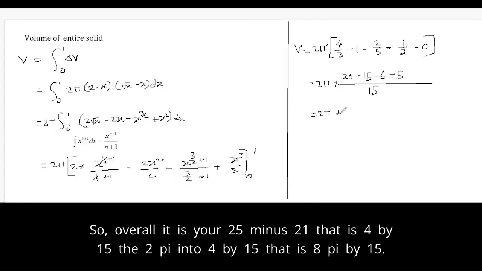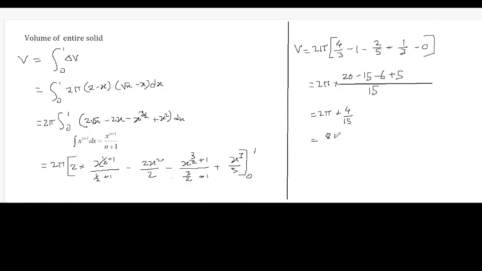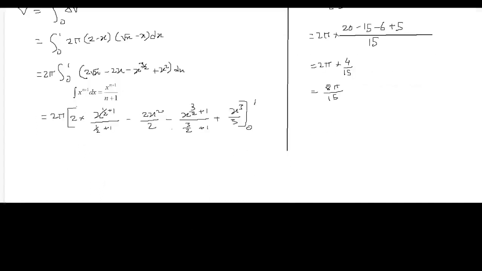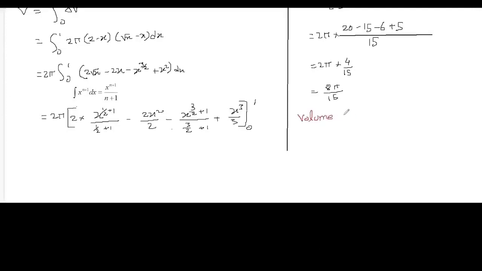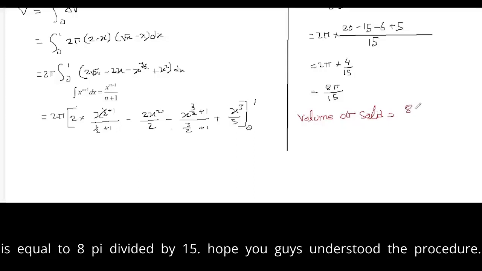Then 2 pi into 4 by 15 is 8 pi by 15. In conclusion, the volume of the solid so formed is equal to 8 pi divided by 15.